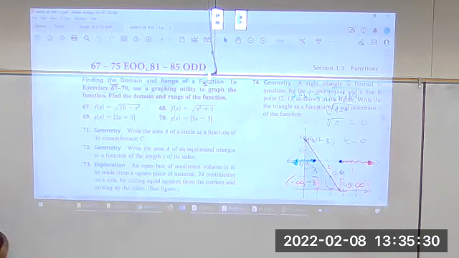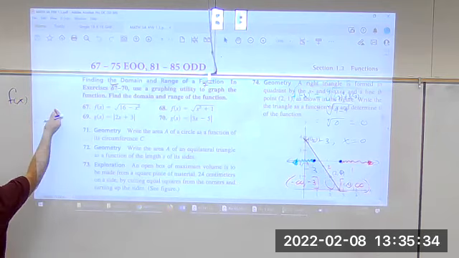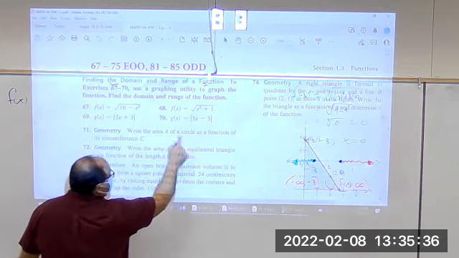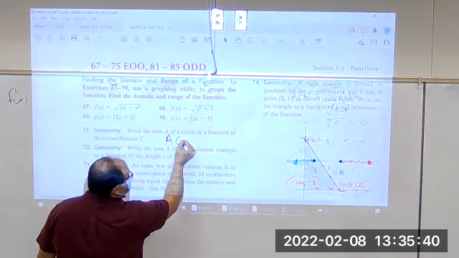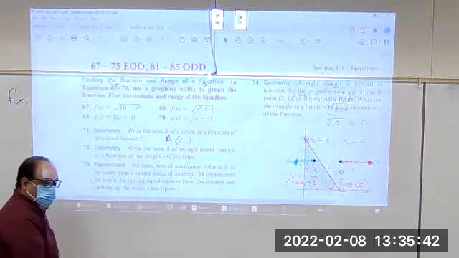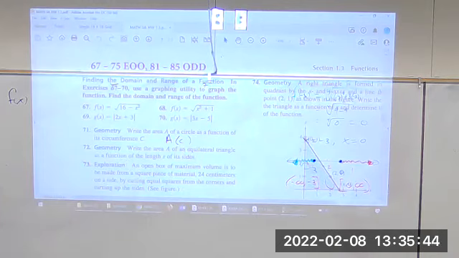When f is a function of x, that means the notation is f of the variable x. So write the area A as a function of the circumference, A of C. That's a function of the circumference.